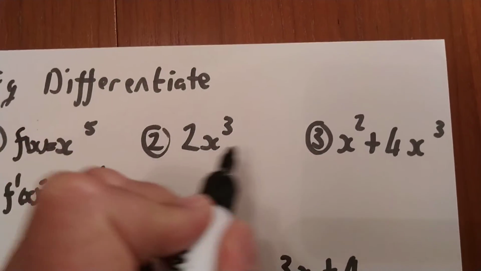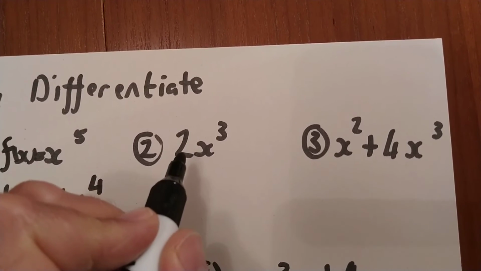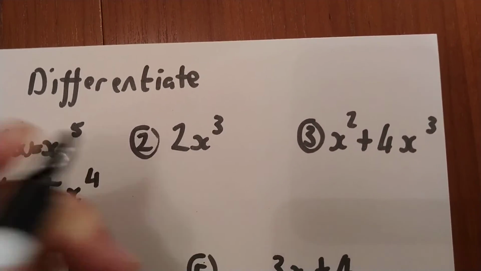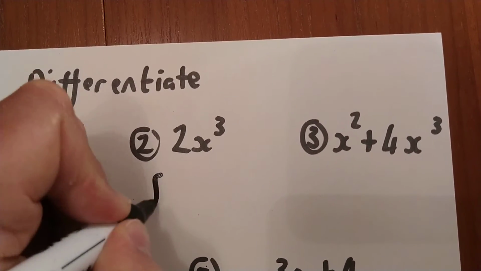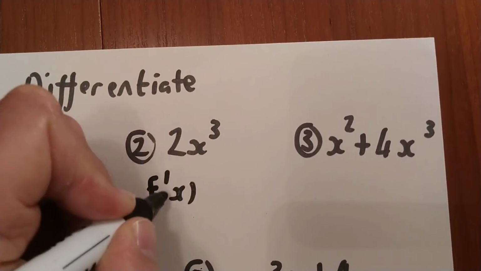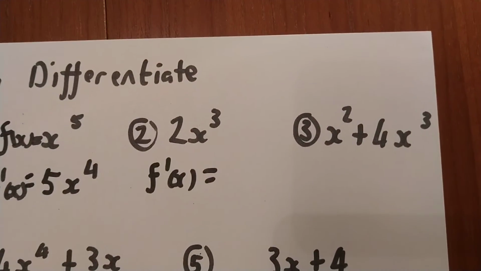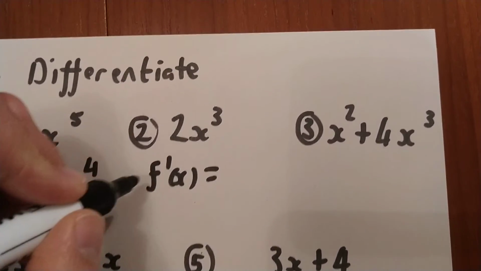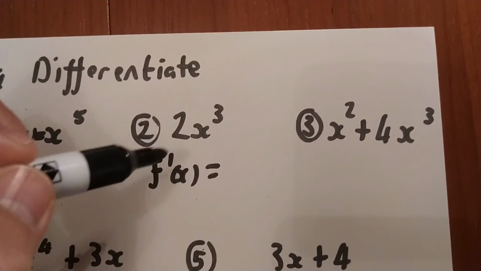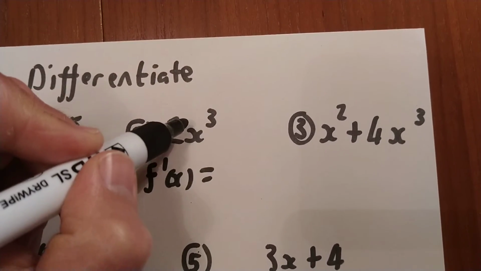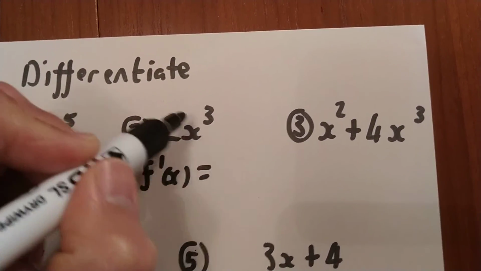So, when I wrote down question 2 here, I actually didn't put in the f of x, but I would still write f dashed x equals, and then it's understood that this is the f of x. Always please put in f dashed x. Do not say this 2x cubed equals the answer I'm going to write here. That's not true.